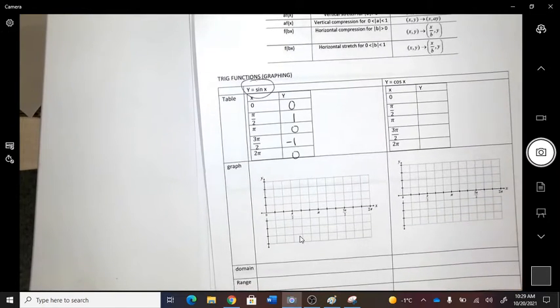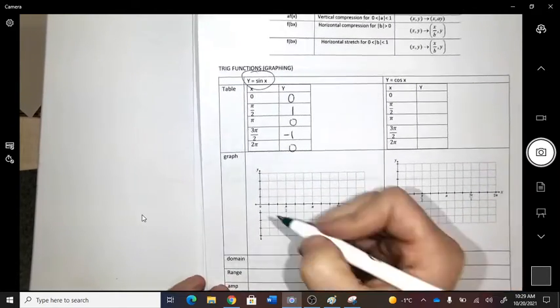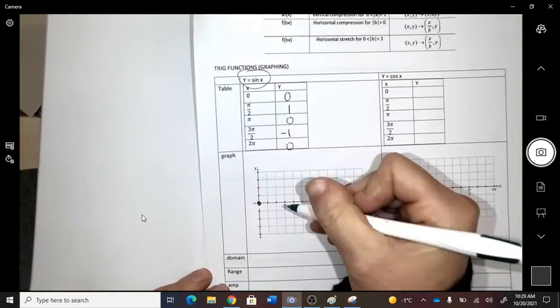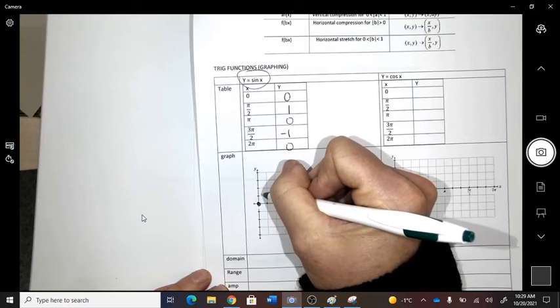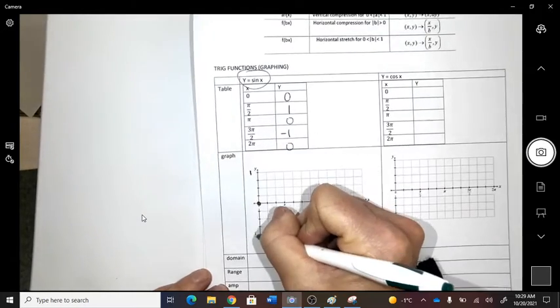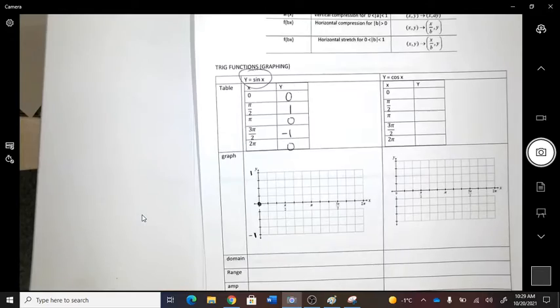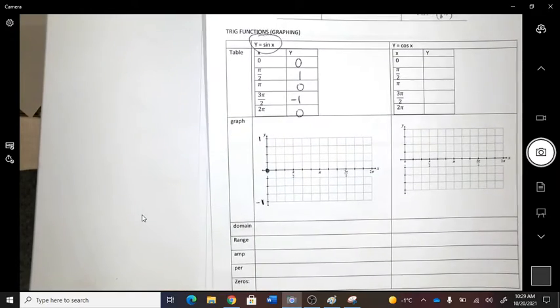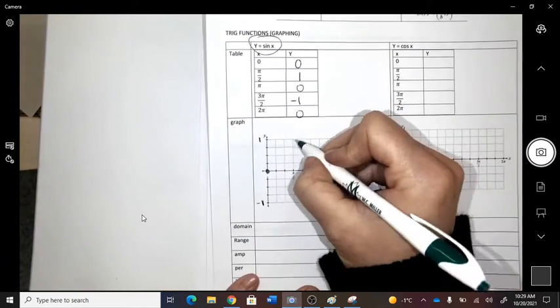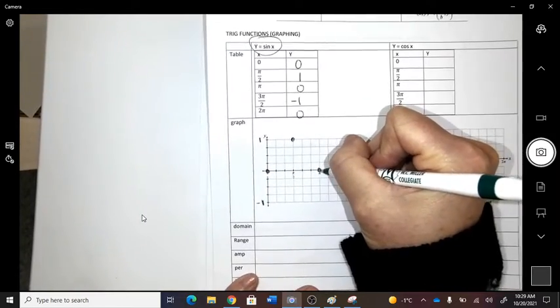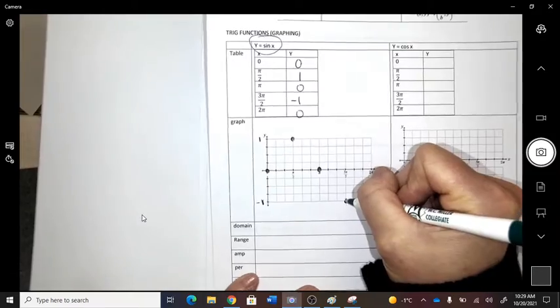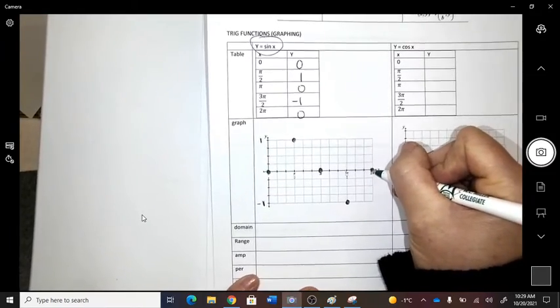That's going to turn into a graph. So what is the graph going to look like? We start at 0, 0. Can we use a scale like that? So up to 1, back to 0, then to negative 1, back to 0 at 2 pi.